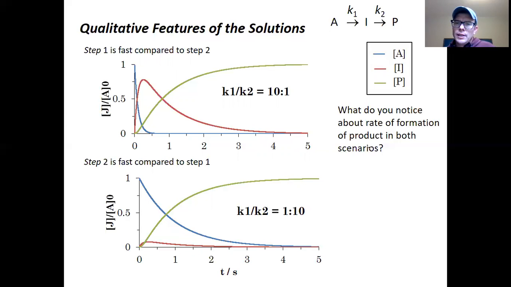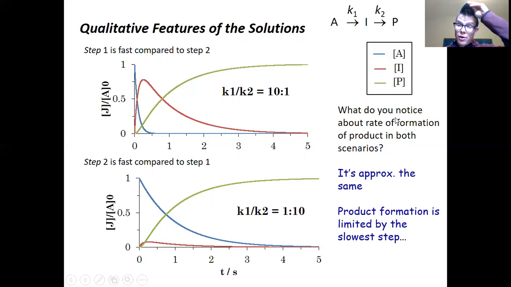Here's the question. What do you notice about the rate of formation of the product in both of these scenarios? The green line. What you might notice is that the rate of formation of the product is the same, more or less, even though these are very different.